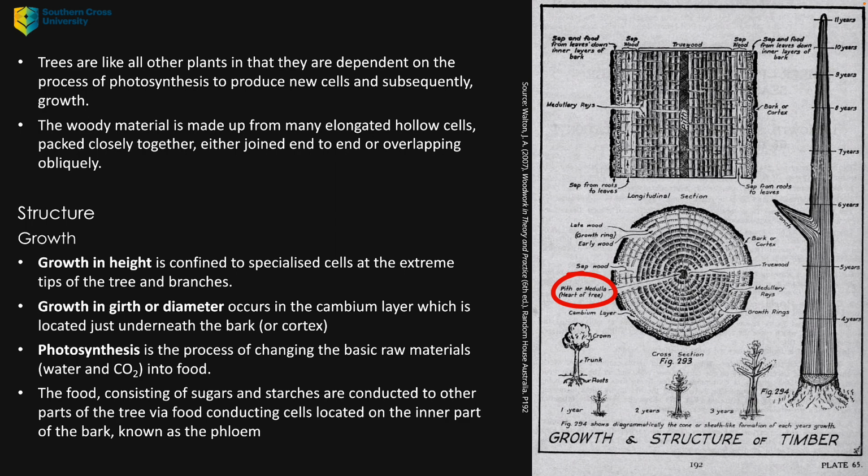The thing that's important to note about those particular cells is that whilst they grow the tree in height or in length of branches, they're not very durable. So once they've done their job and extended the height of the tree, they tend to die and they will rot out. And often, particularly in older trees or in certain species, you'll find that the middle of the tree will rot out and will have a weak section there, or even a hole.